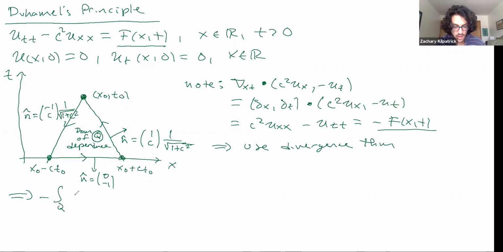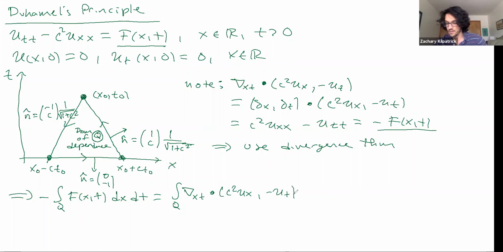I'm just going to integrate minus f of x,t over that region, which lives in x and t. So this is equal to the volume integral of the divergence of c squared ux minus ut dx dt.